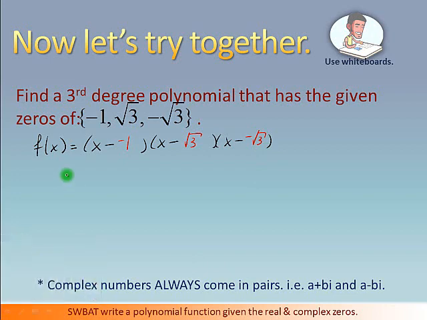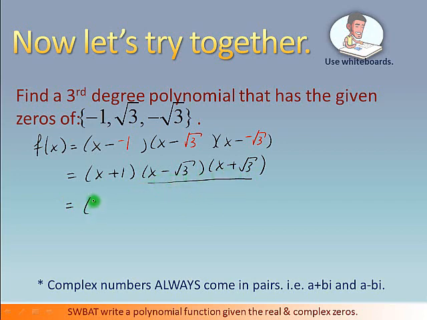I'm going to clean this up a little bit. So I have x plus 1, x minus square root of 3, and then x plus square root of 3. I'm going to start with these two. When I have two binomials that are identical except for the signs, it becomes really straightforward to multiply. x times x becomes x squared.